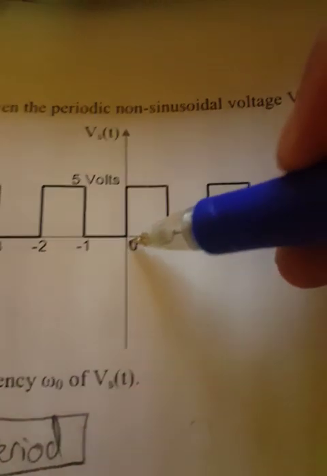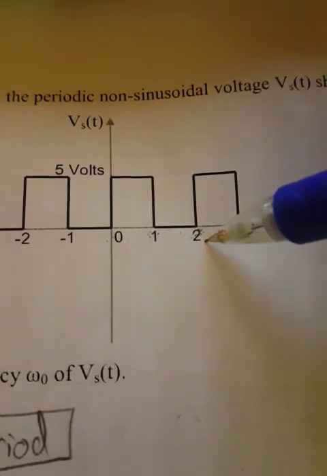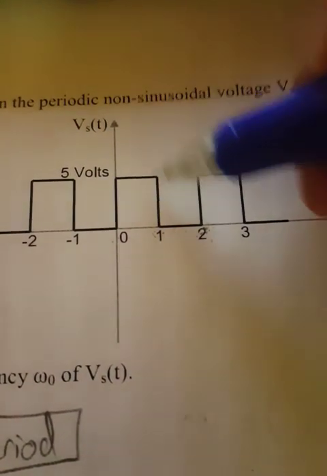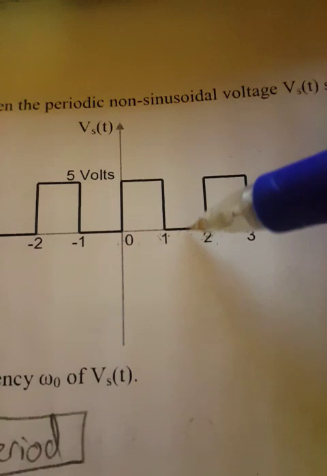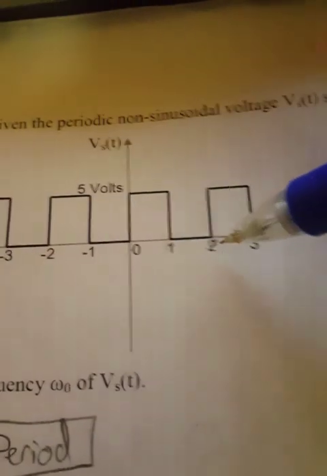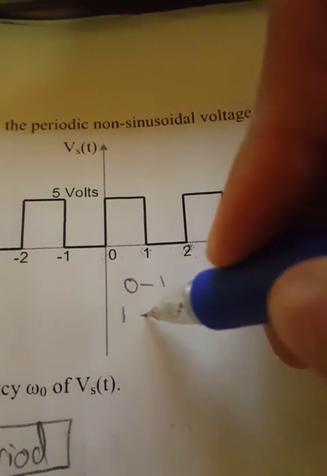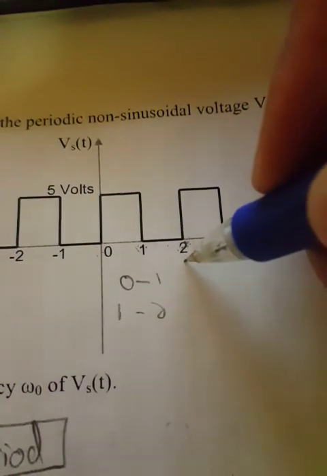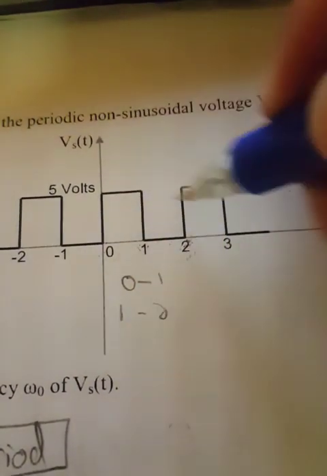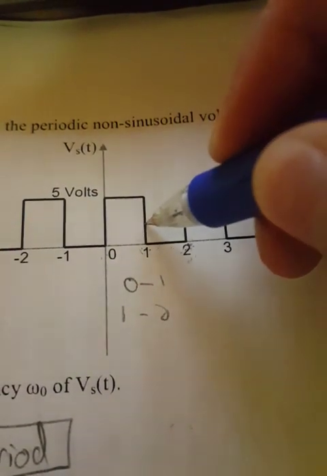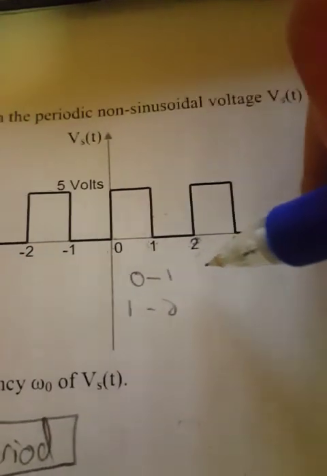So our formula is 1 over T, which we found to be 1 over 2. So here's the thing now. Since we're integrating from 0 to 2, from 0 to 1 we're going to have something that's the same, and from 1 to 2 we're going to have something that's different. So we have to break up our period into 0 to 1 and 1 to 2, because from peak to peak, from here to here is one equation, and from here to here is another equation.